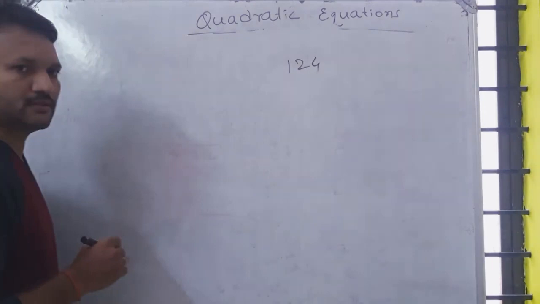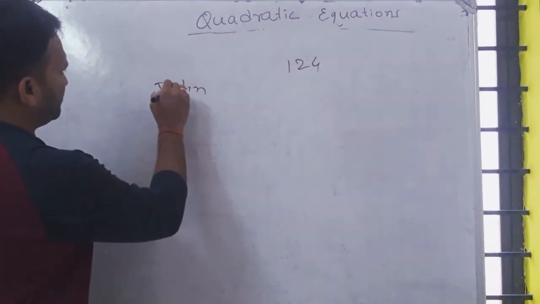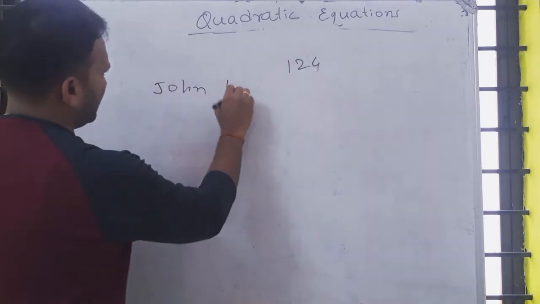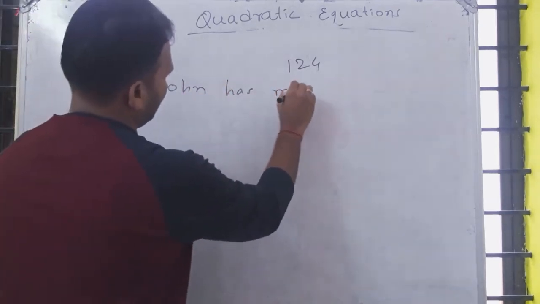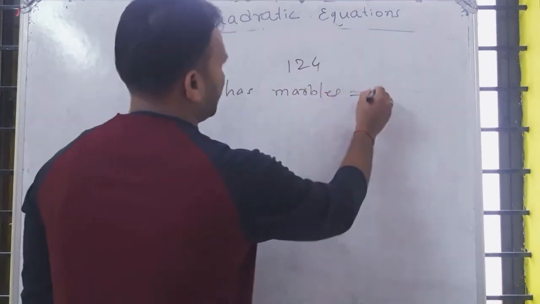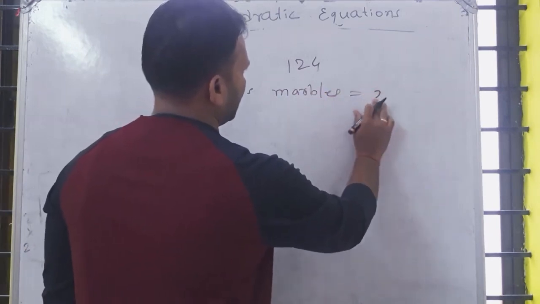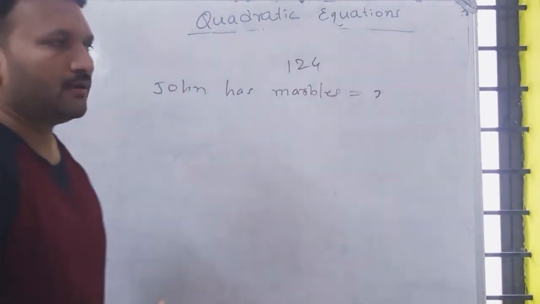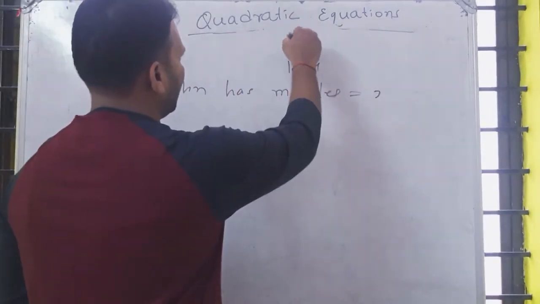Let us calculate. John has some marbles, how many we don't know. Altogether both of them have 45.